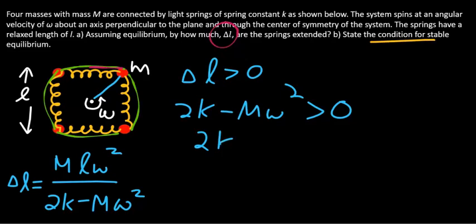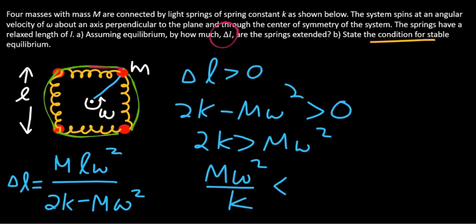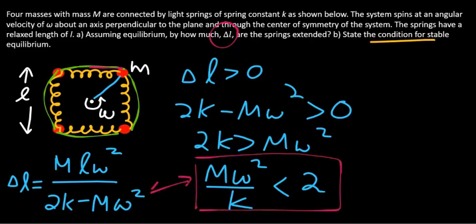That means 2k is greater than m omega squared, which makes us conclude that m omega squared over k is less than 2. So stable equilibrium is possible only if this condition is met. And that solves the problem. Thank you for watching.